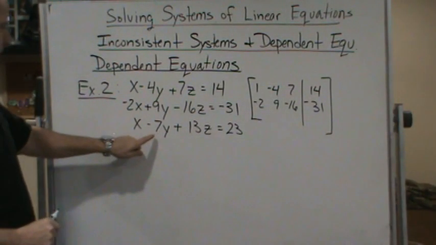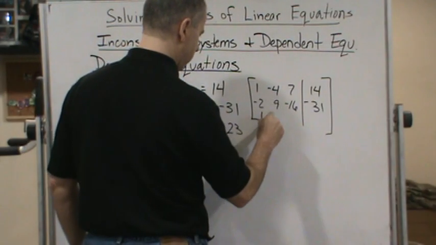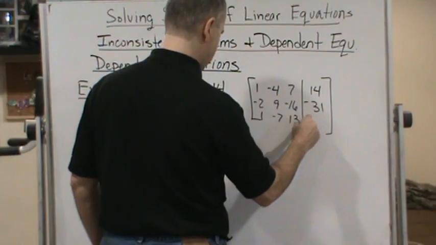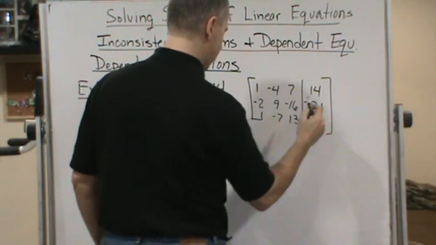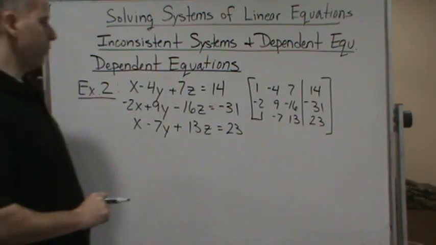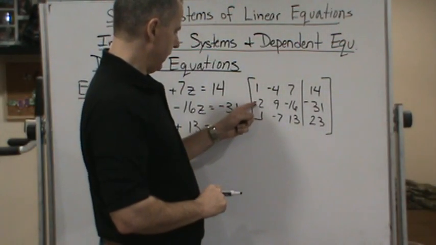And then we have 1, -7, 13, and then 23.